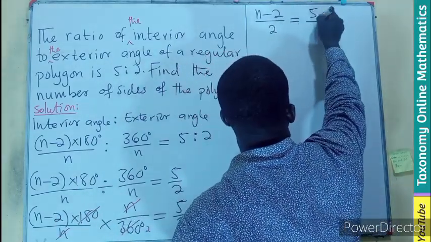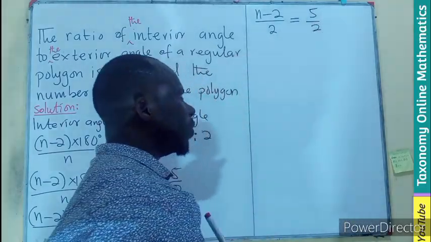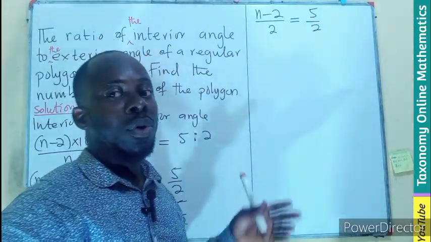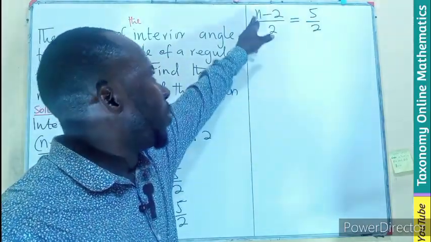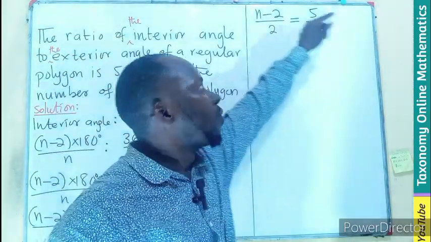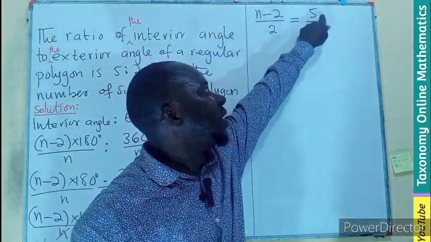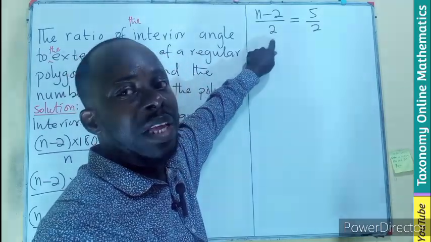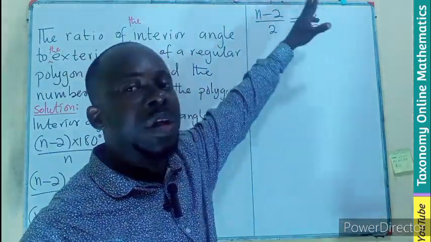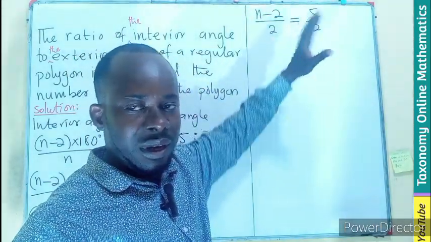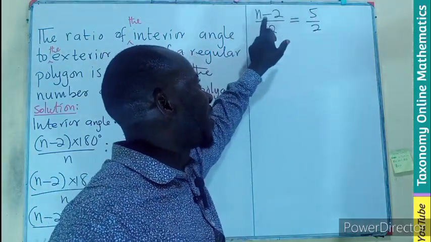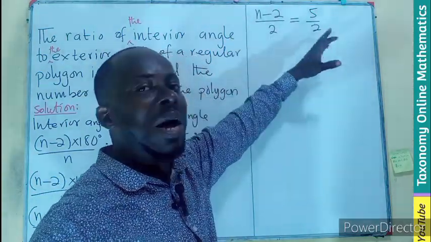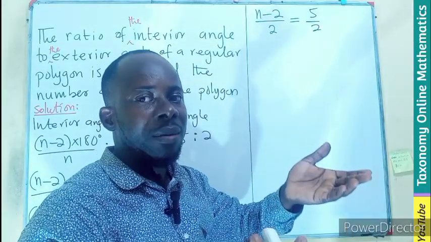equals 5 on 2. So there are many approaches we can pick from here. Say this is the ratio. The denominators are the same, so whatever is in the numerator here should be the same as this. Since it's a ratio, the top is equal to the top, the bottom is equal to the bottom.